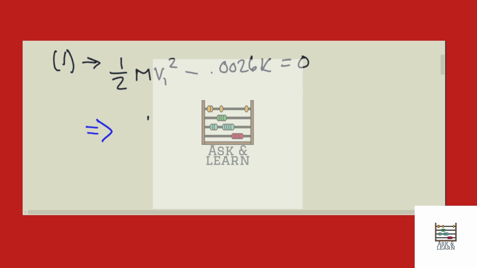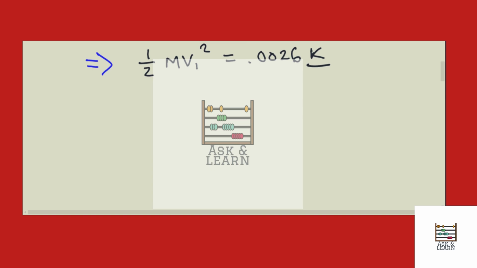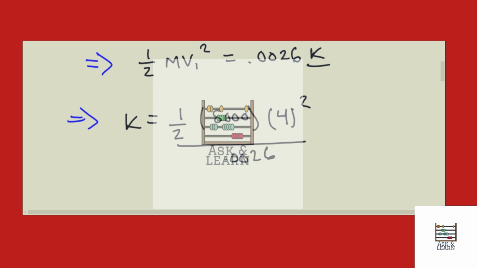So we have 1/2 m v1 squared is equal to 0.0026 K. So we're really looking for K here. So plugging in our numbers and dividing by 0.0026 to both sides, we have K is equal to 1/2 times M, which is 5,000, times the velocity, which here is 4 squared, divided by 0.0026.